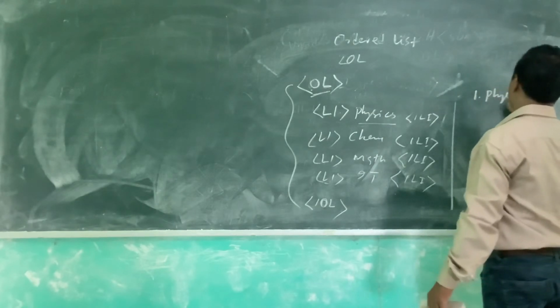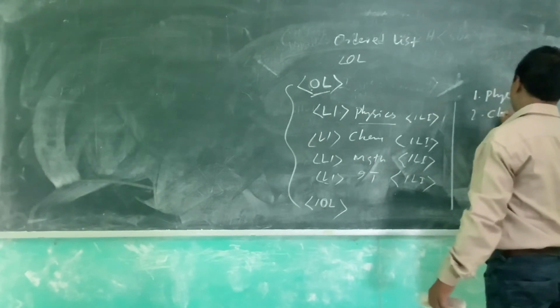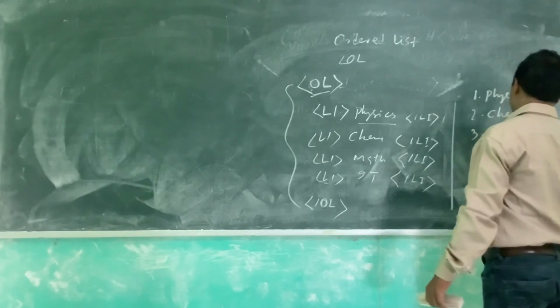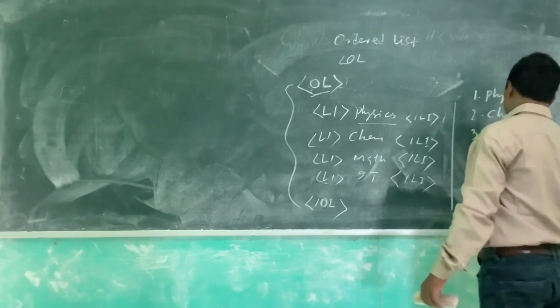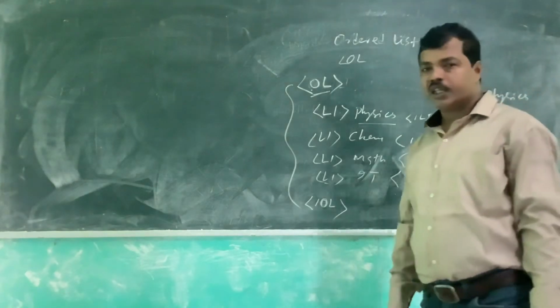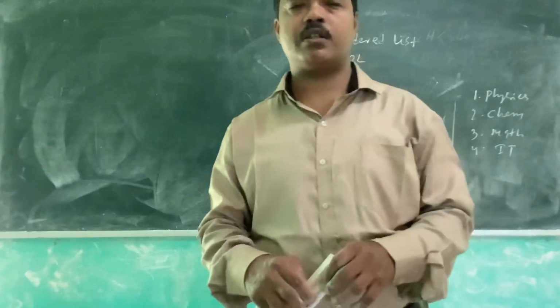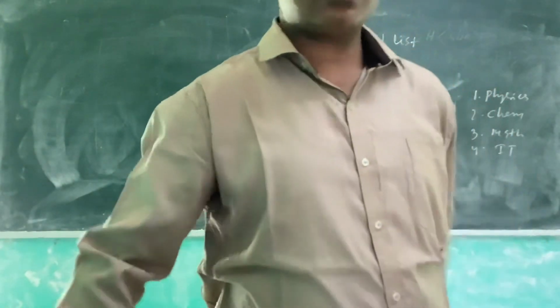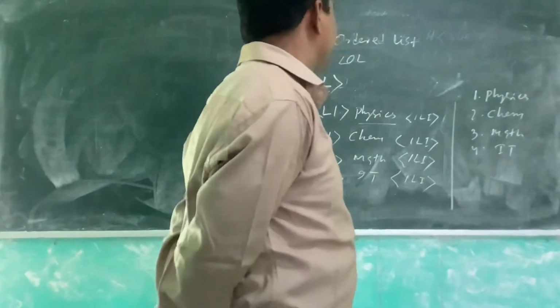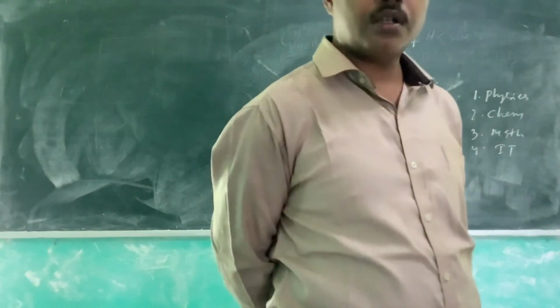The output will be 1 physics, 2 chemistry, 3 math, 4 IT. Okay, that means in the ordered list, the default type is number.